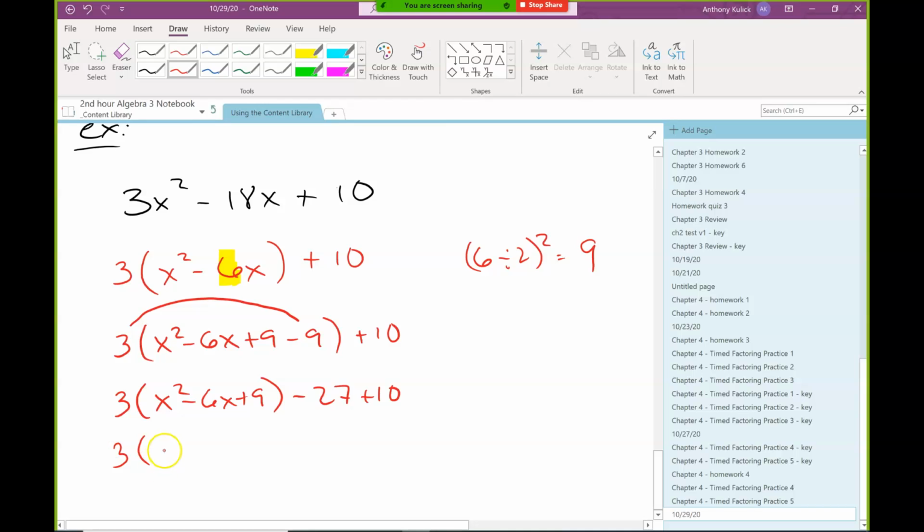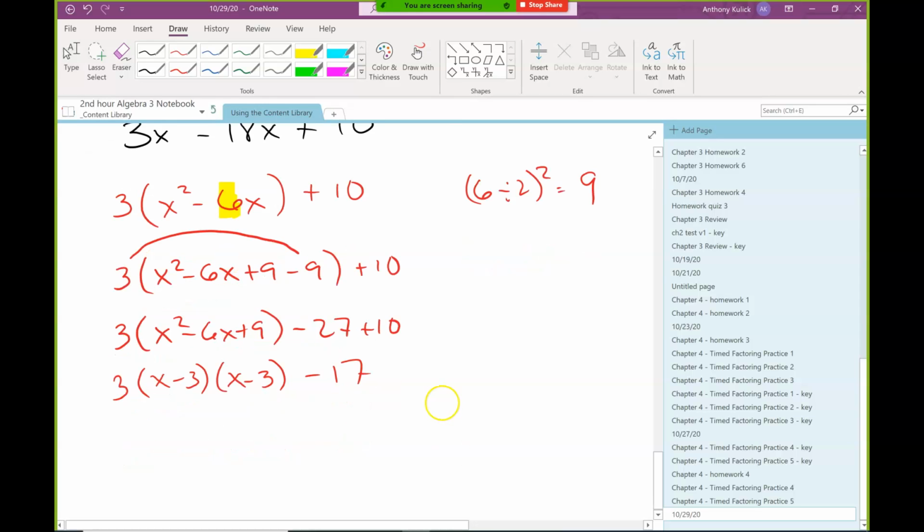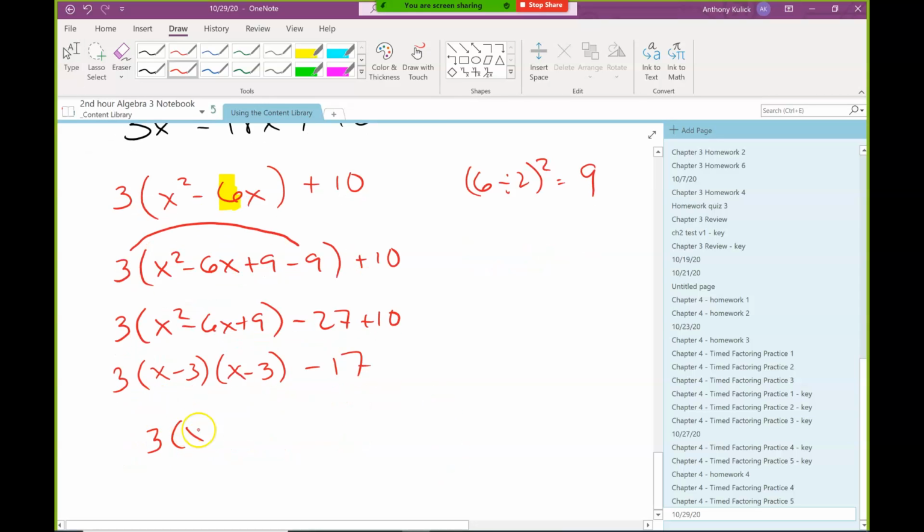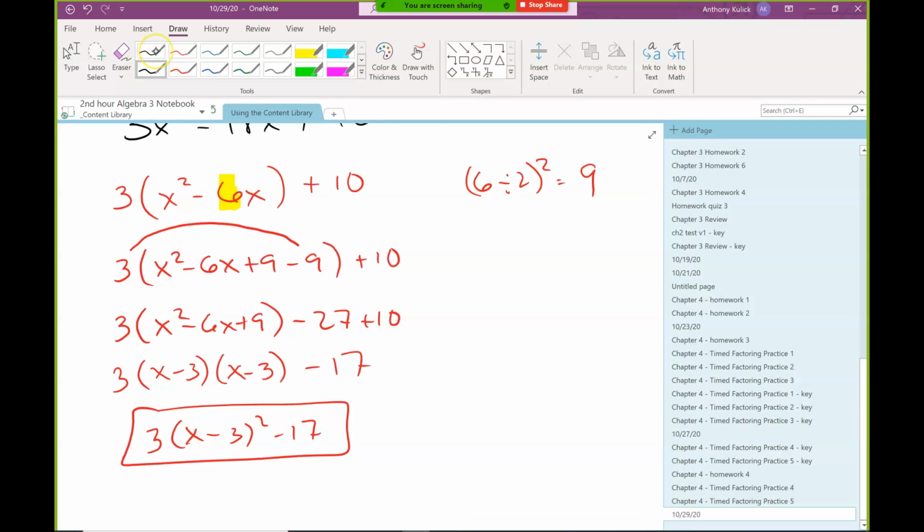What multiplies to give me 9 and adds to give me negative 6 is negative 3 and negative 3. And then negative 27 plus 10 is negative 17. And then I can just write x minus 3 times x minus 3 is x minus 3 squared. Okay? Sure.